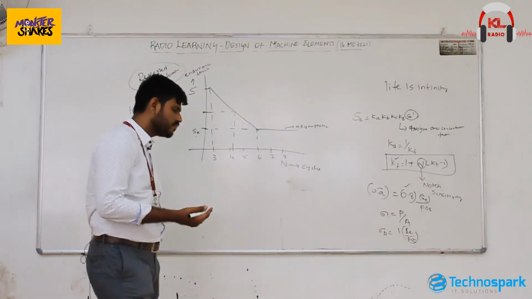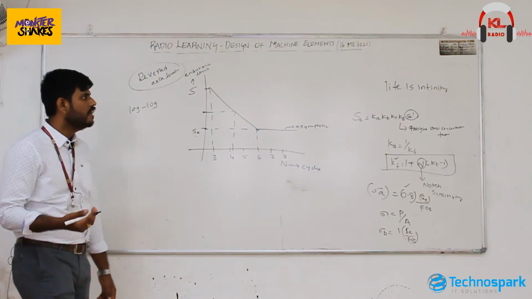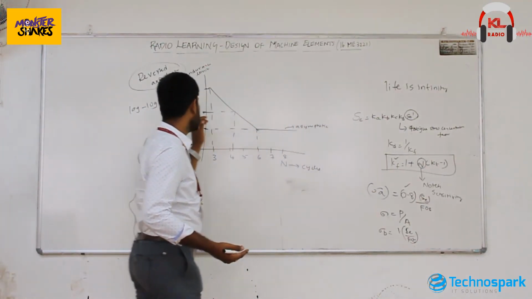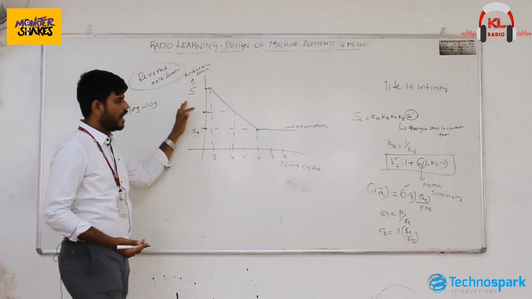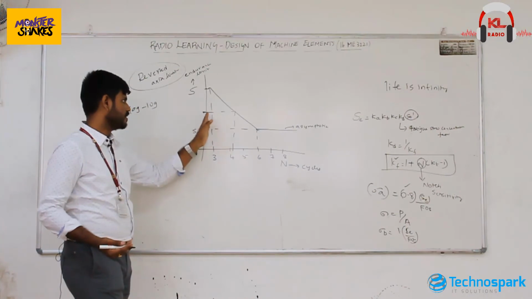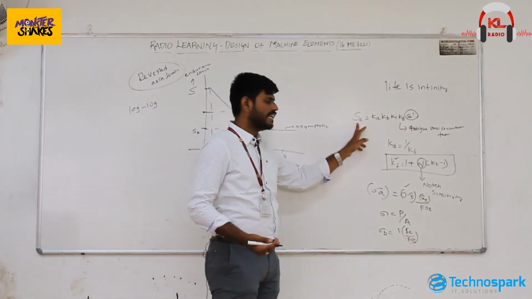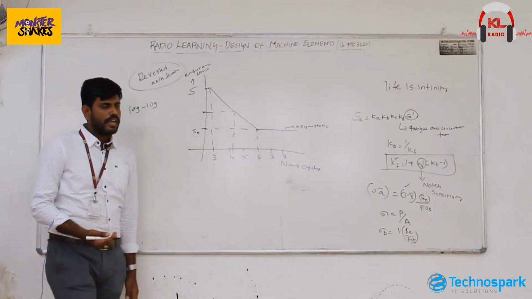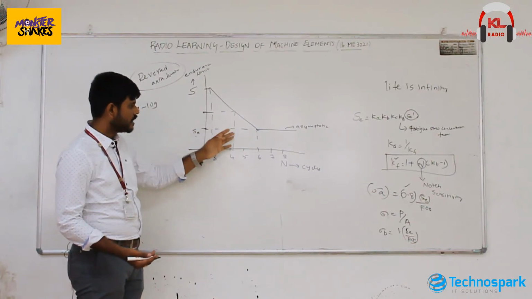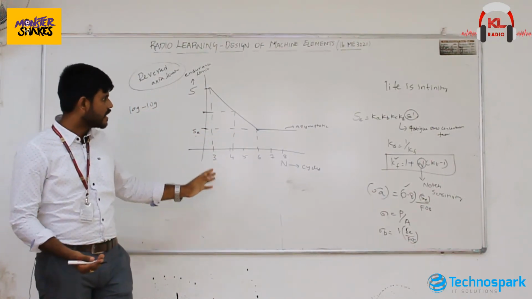If you are asked to find the number of cycles based upon the endurance limit, the first step is common, that is finding the corrected endurance limit. Use this corrected endurance limit on the y-axis, plot the graph and find the life that it can sustain for this corrected endurance value. You can find this by using the similar triangle concept, or you can interpolate directly.